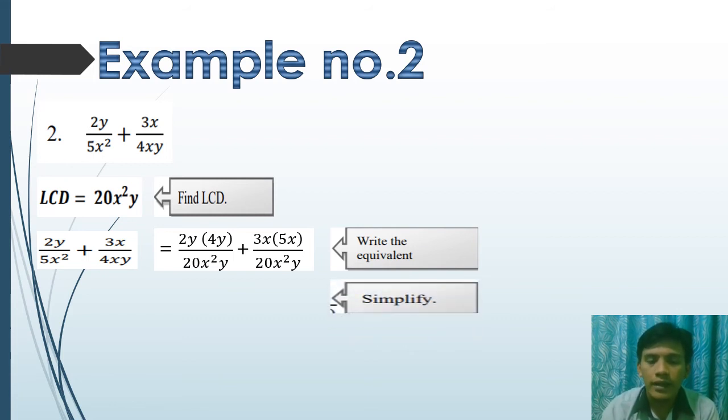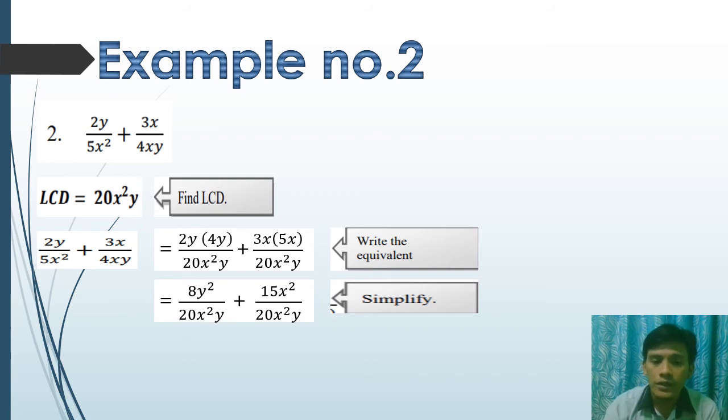Then simplify. 2y times 4y is 8y squared over 20x squared y. On the other side, 3x times 5x is equal to 15x squared over 20x squared y. So their denominators are already similar.